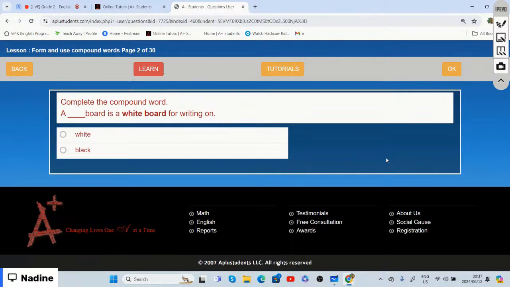Then a board is a whiteboard for writing on. Do we say a whiteboard is a whiteboard for writing on, or a blackboard is a whiteboard for writing on?